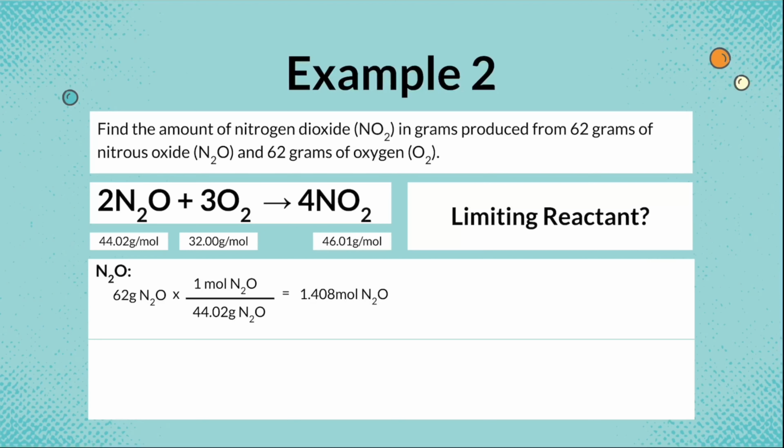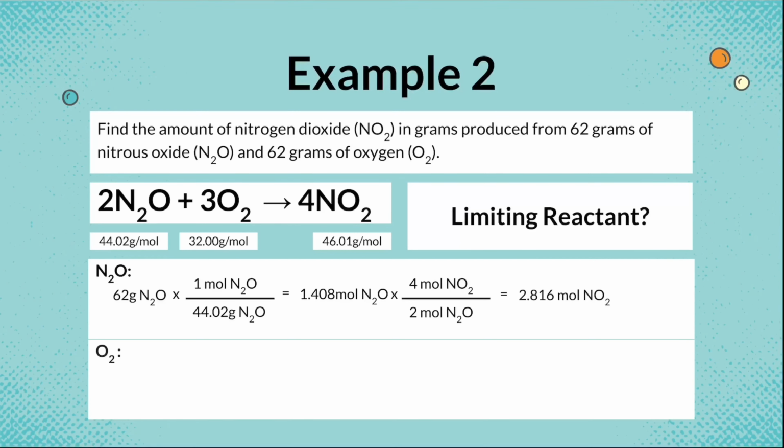Now we need to convert this into NO2 with a mole ratio of 4 NO2 over 2 N2O. And that'll get us 2.816904 moles of NO2, but I shortened it again. Now we can do the second reactant's calculation.